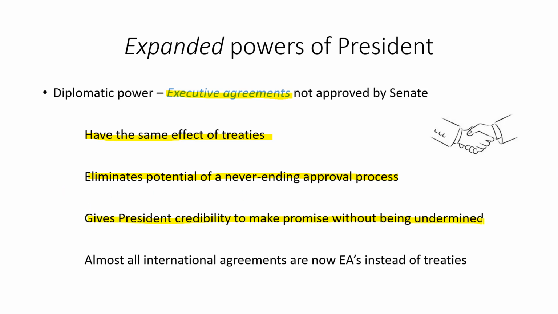You go all the way back. One of the first biggest examples of this was when Woodrow Wilson, at the end of World War I, was the initiator of the League of Nations. It was technically his idea, and he went over to Europe to negotiate the treaty for the League of Nations, and he brought it back, and the Senate rejected it. So Wilson's credibility was tarnished because the European states that had been depending on the United States' involvement said, what?